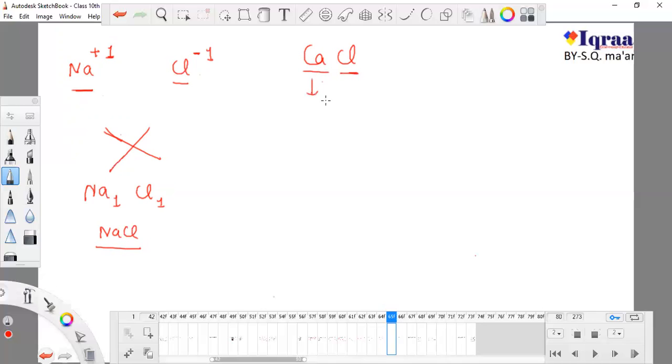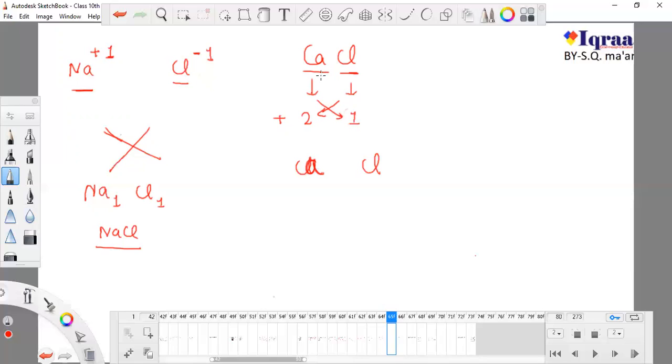Now the valency of calcium is 2 and valency of chlorine is 1. Okay, now in writing the chemical formula, I will write calcium and I will write chlorine. I will use the valency of chlorine with calcium and valency of calcium with chlorine.